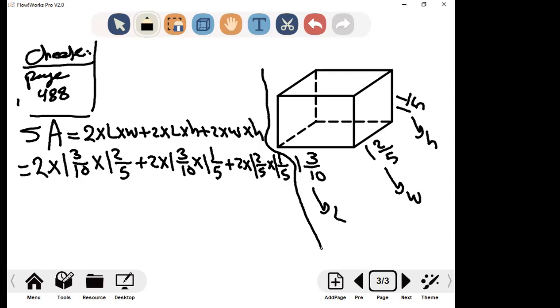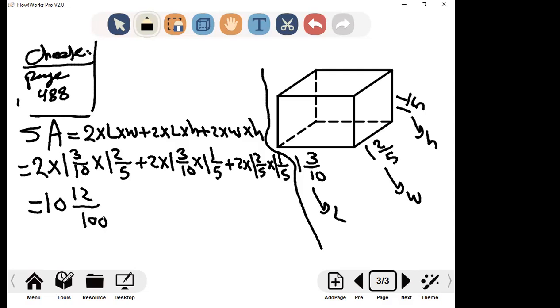It is 10.12. The question wants your answer as a mixed number in simplest form. The mixed number will be 10 and 12 over 100.